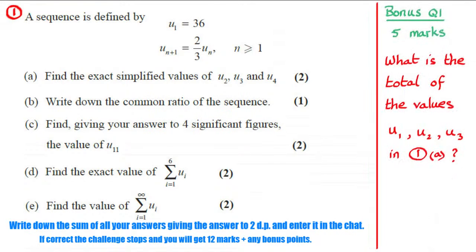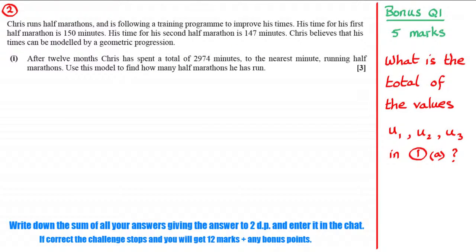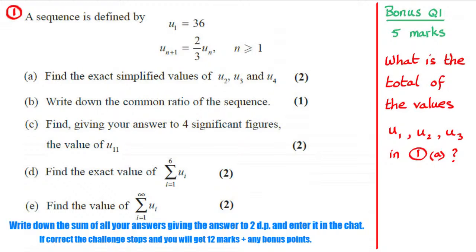Okay, we're going to have the first bonus question now here. Bonus question 1 worth 5 marks. What is the total of the values U1, U2, U3 in question 1A? Then it'll be the first one who can enter the right answer there. Give it as a fraction, an exact value.